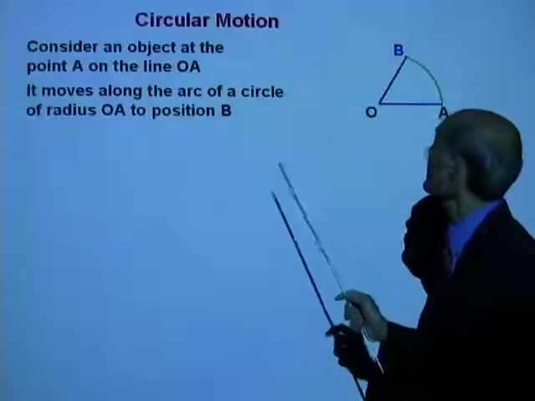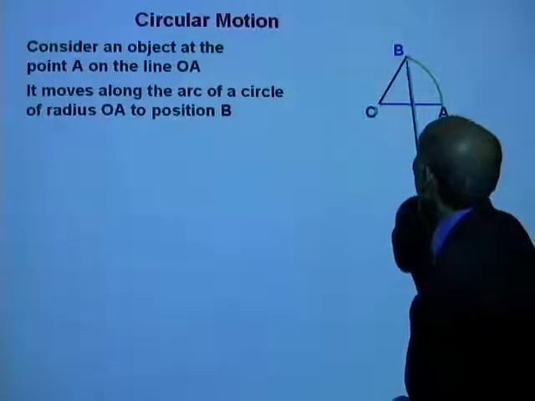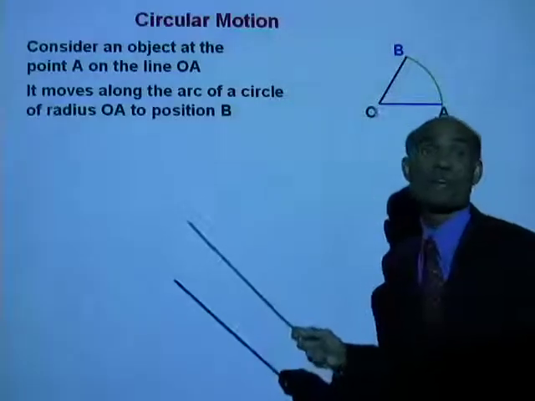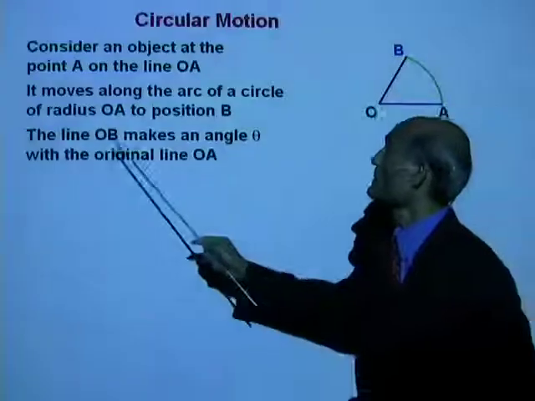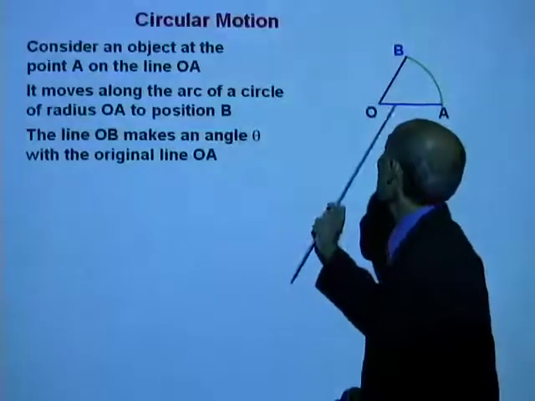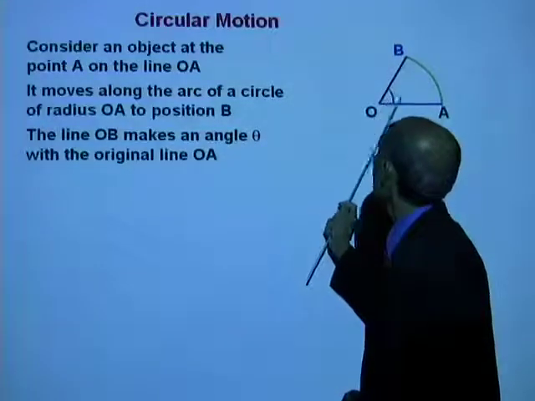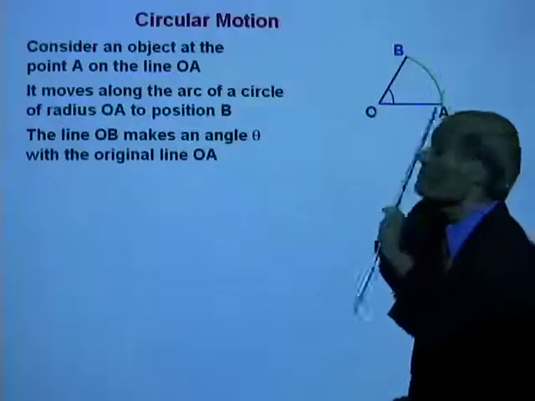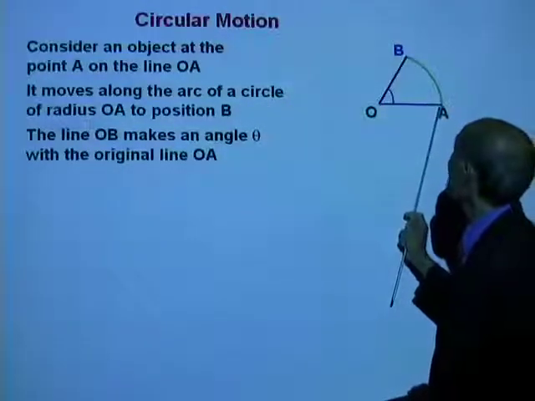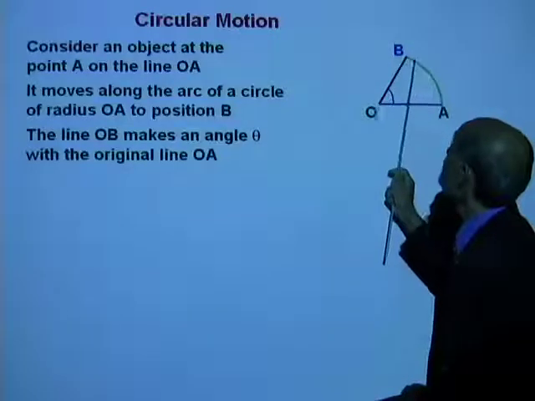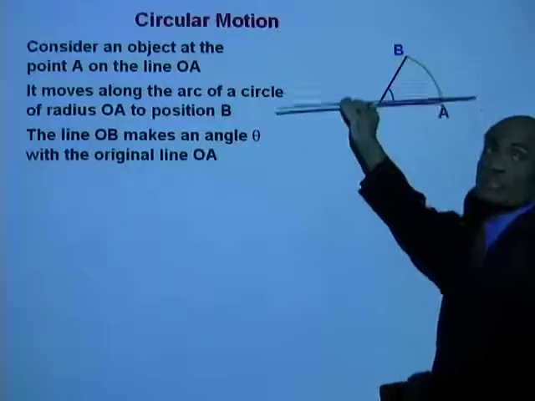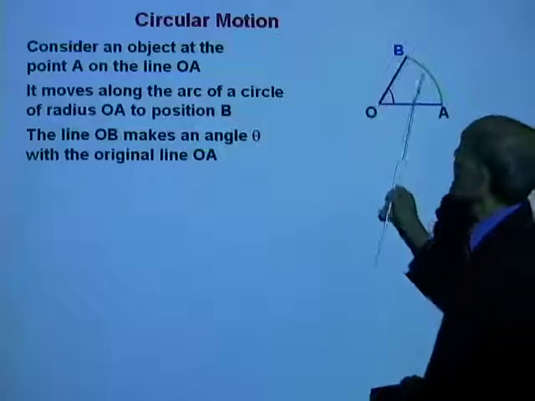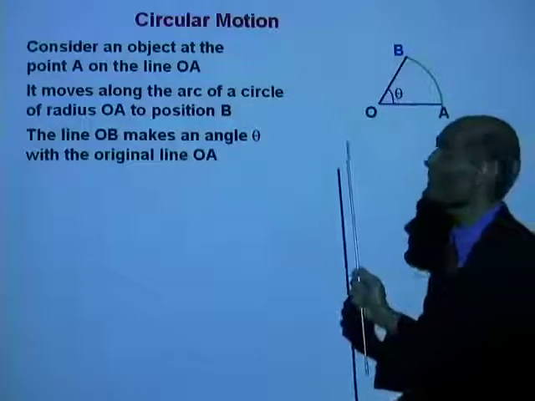Now, OB equal to OA is the same as the radius of the circle. The line OB makes an angle theta with the original direction OA. So, when the object moved from A to B, the radius of that circle rotated through an angle theta.